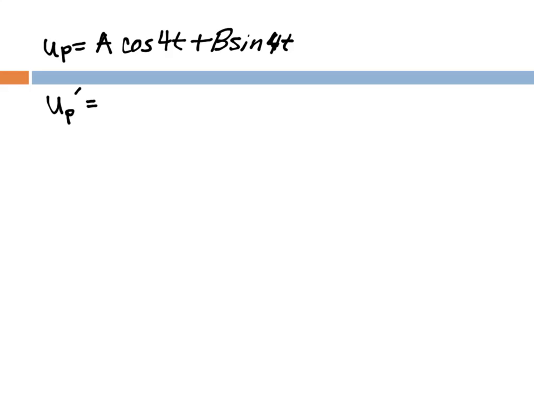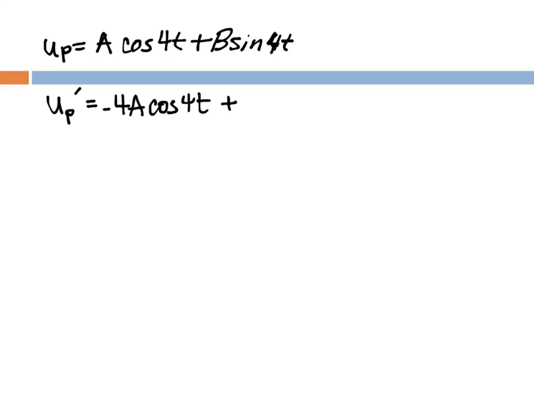This, right? Yeah. Derivatives. What's the derivative of the first one? This is more complicated for some reason here. Let me find out real quickly why. 4a. Negative 4a cosine 4t plus.